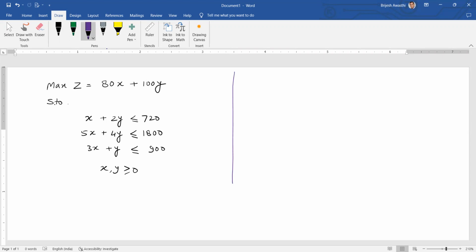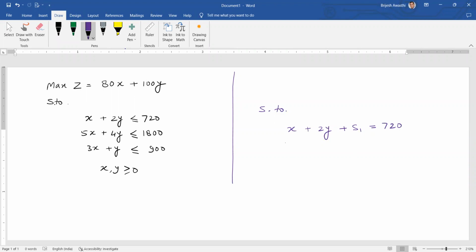With the help of slack variables. I'm talking about our constraints, right? So with the help of slack variables: x plus 2y plus s1 is equal to 720, right?